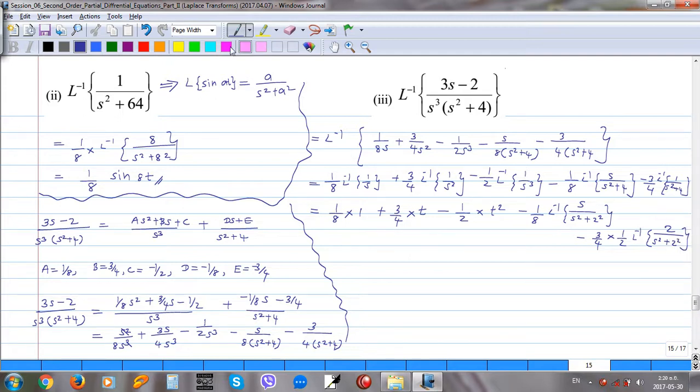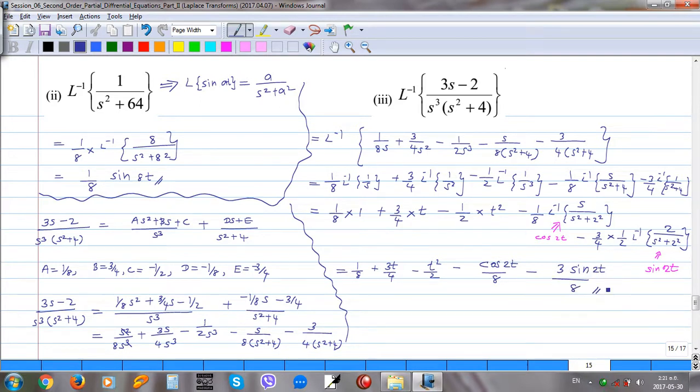Now this is cos 2t and this is sin 2t. Then I can write 1 over 8 plus 3t over 4 minus t square over 2, minus cos 2t over 8, minus 3 sin 2t over 8.